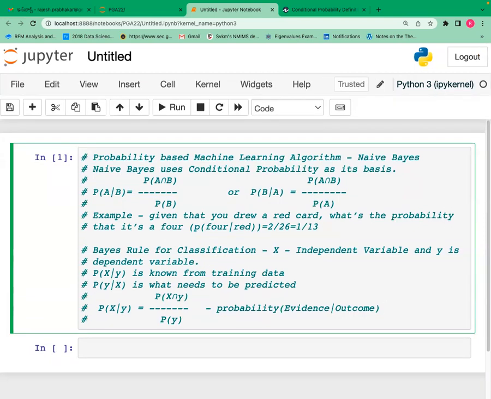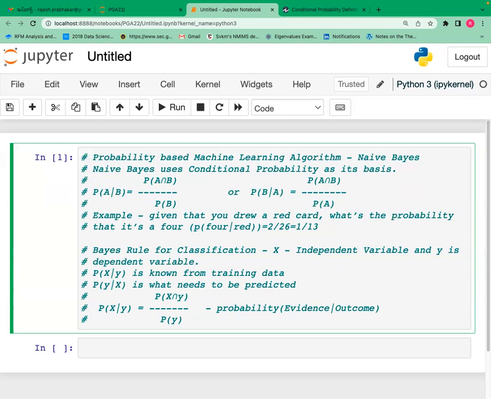Probability of X and Y: only two variables, only one single independent variable. There is no variance here; we are just talking about variables. X is an independent variable, Y is a dependent variable, that's all. X is a single independent variable, not multiple.